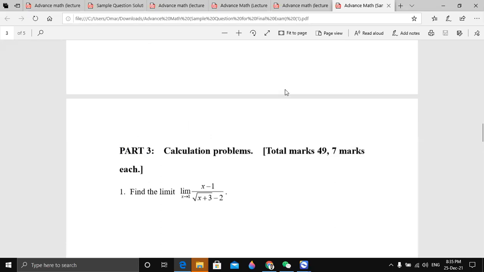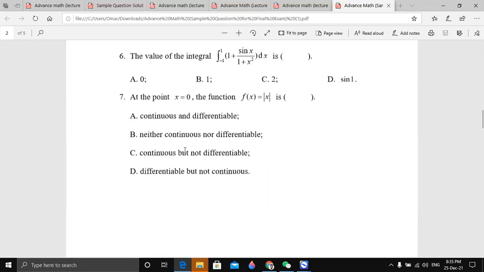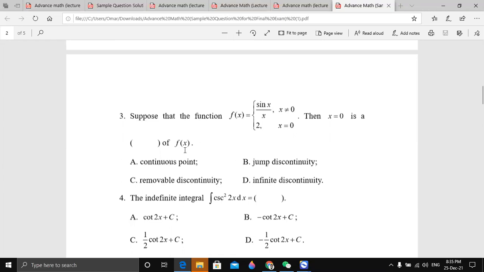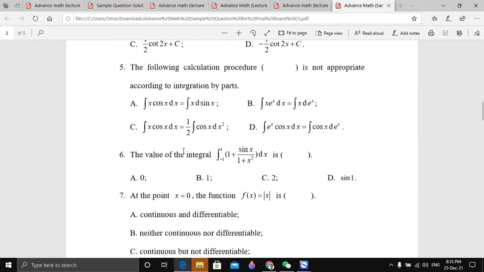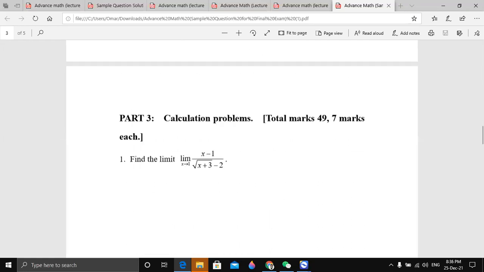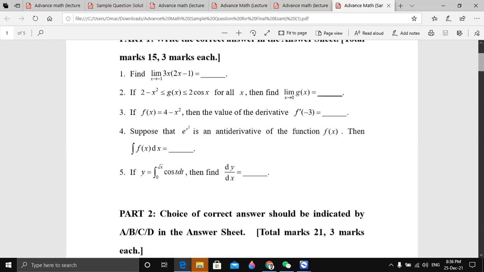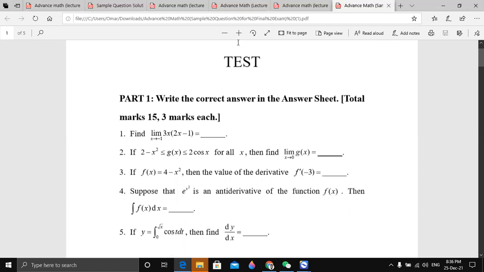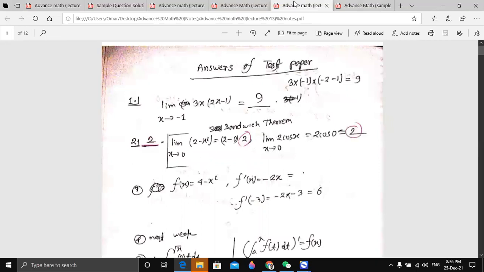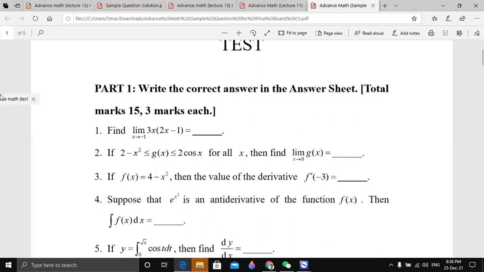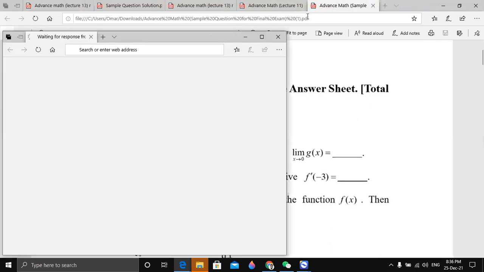Stuti, can you hear me? Yeah. Okay. So for part 1 and part 2, you have to write the answer only. And for part 3 and 4, we don't need to show the solution, right? Yes.